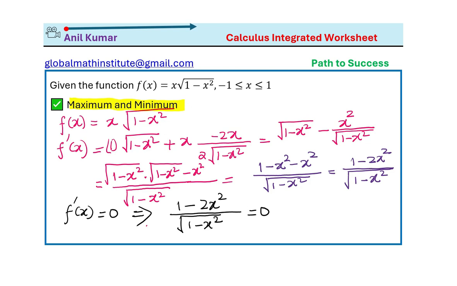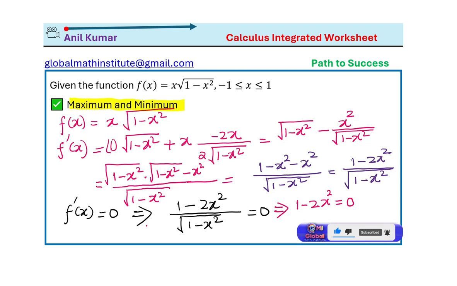Since it is 0, the numerator should be 0, right? So let's put numerator to 0. And that means that 1 minus 2x square equals to 0. Now we can solve this, right? So when you solve this, x square should be equal to what? 1 over square root 2, right? So let's solve this.